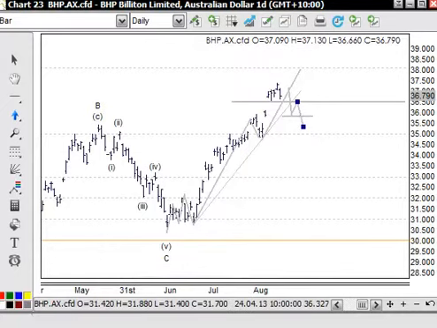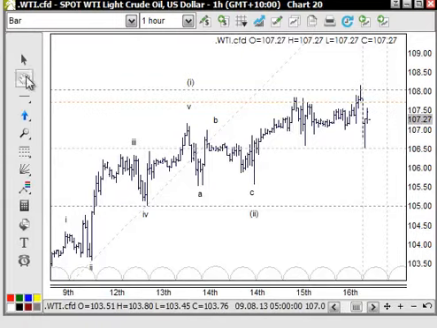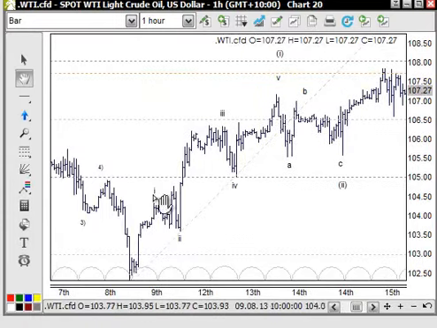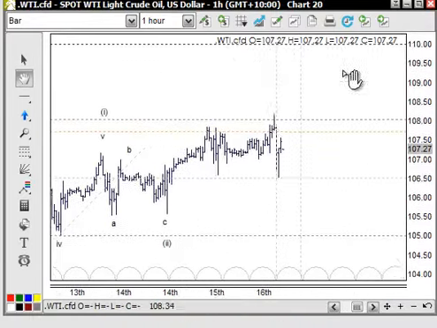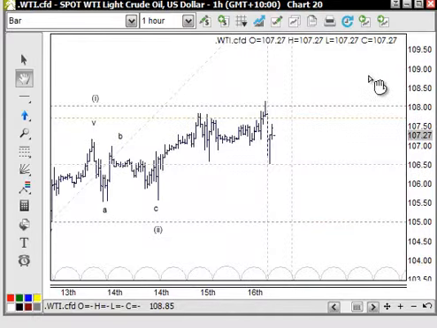Okay, so the oil market has still got further to go up as well. We're looking at this structure here, this 1, 2, 3, 4, 5 as wave 1, the ABC back for wave 2, and then working higher up into above here. All that's very well.